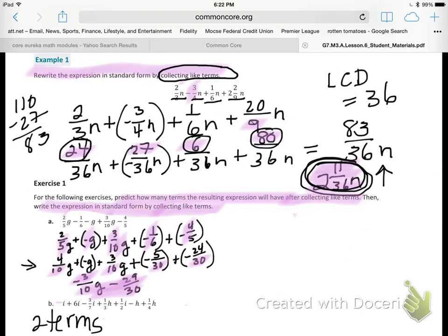I had 4/10 G and 3/10 G. That was 7/10 G, and then I had a whole negative G, so that turned out to be negative 3/10 G. And then I had negative 5/30, negative 24/30, which was a negative 29/30. Okay, so I can just write that final answer like that.